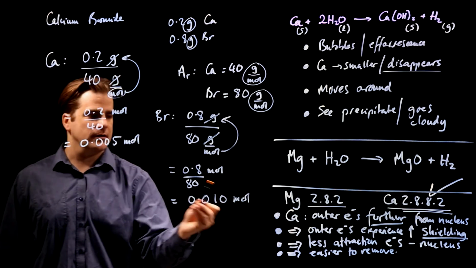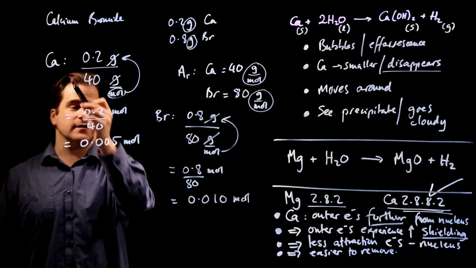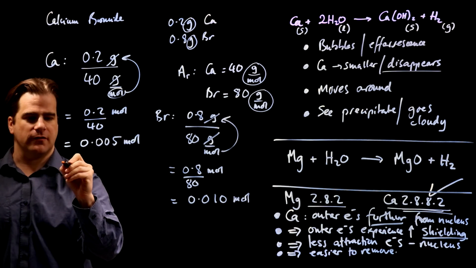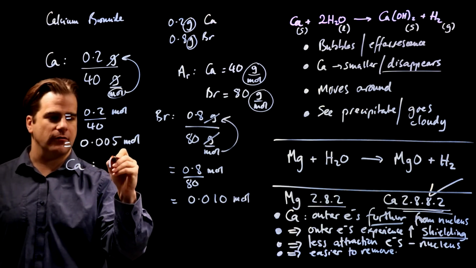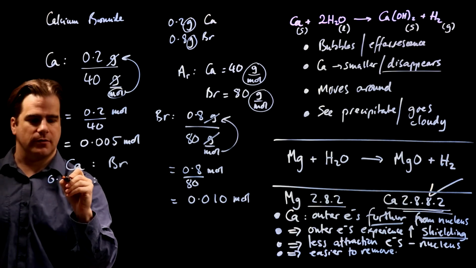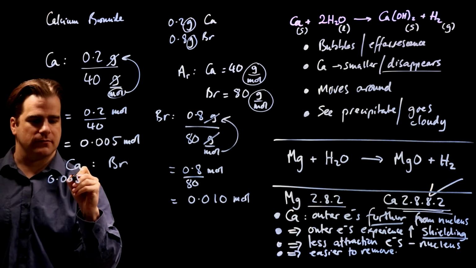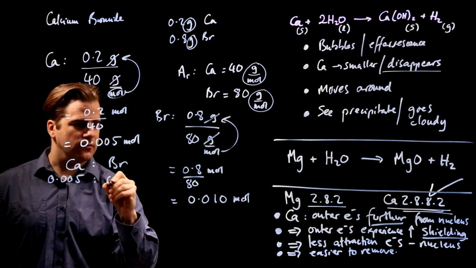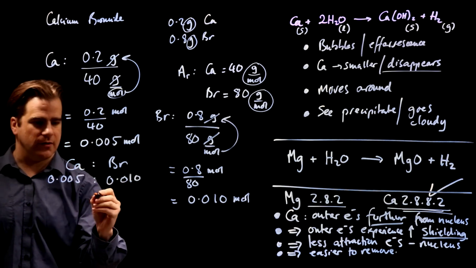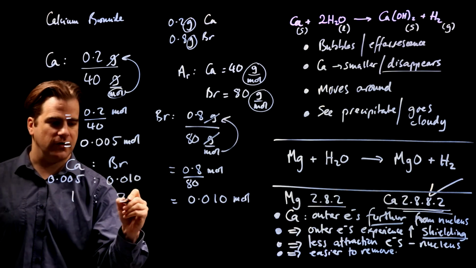Okay, so we've got the number of moles of calcium, number of moles of bromine. So, to finish off, the calcium to bromine ratio is 0.005 to 0.010, which is 2 to 1, or 1 to 2.